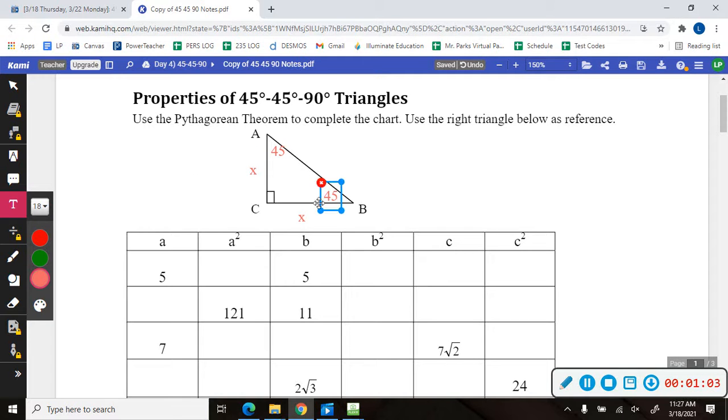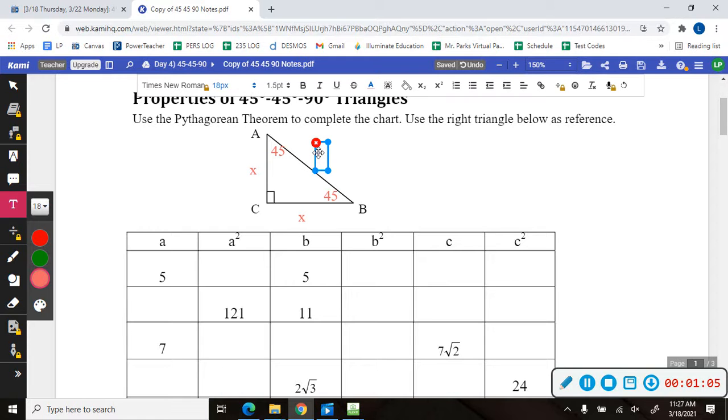And after you do this activity, you'll find that whatever the leg is, you just add on a square root of 2. So it's x times square root of 2. That is the proportion.